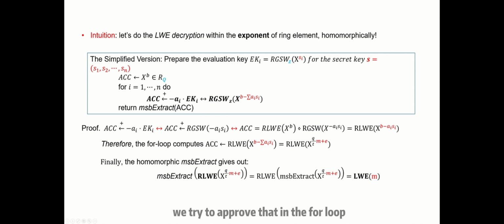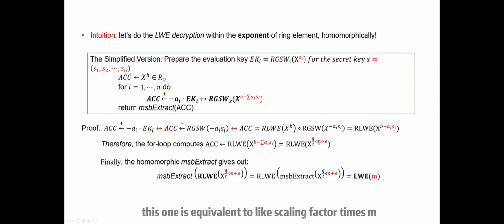We try to prove that in the for loop, this line, its execution actually gives me a ring LWE encryption of x to the power b minus a_i s_i. Therefore, after the for loop terminates, we actually get a ring LWE encryption of x to the power b minus sum a_i s_i.